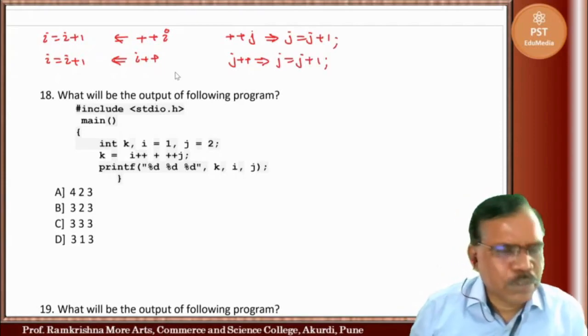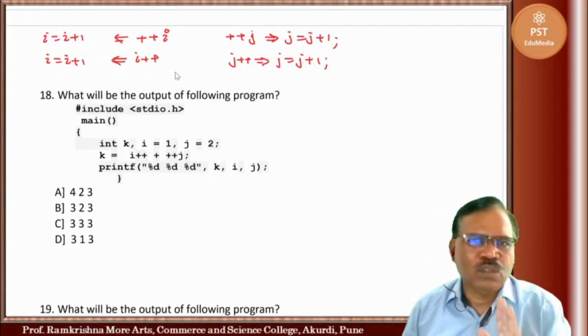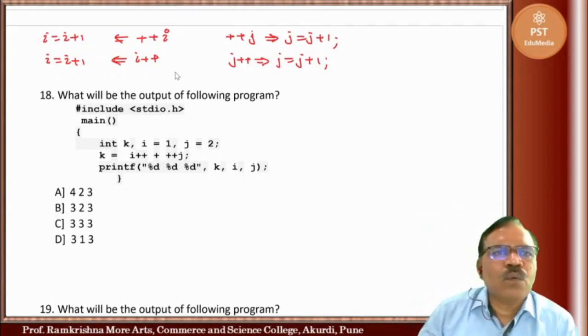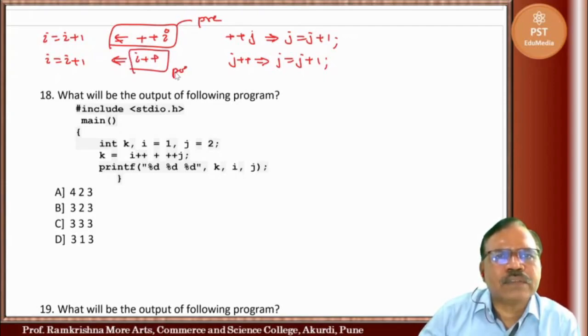So you can have ++i or i++, no problem there. Now what happens here? This is called pre-increment and this is called post-increment.